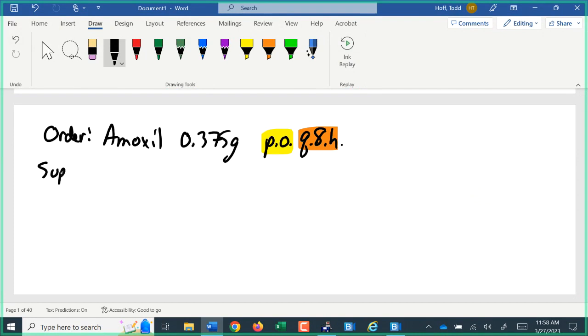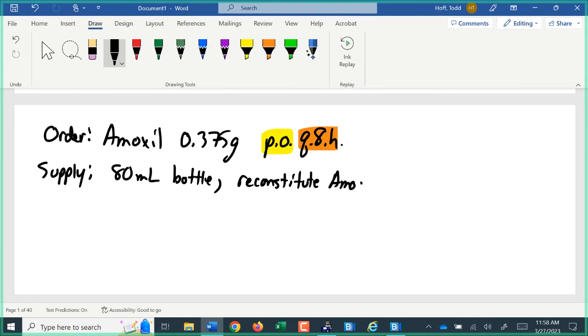So let's look at our supply. So in our supply, we have an 80 milliliter bottle. It says to reconstitute Amoxil oral suspension at 150 milligrams per capsule.